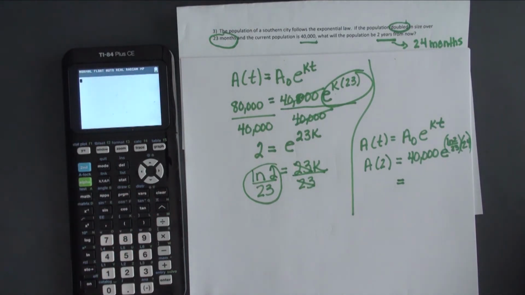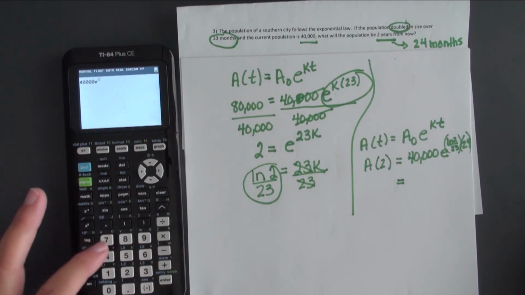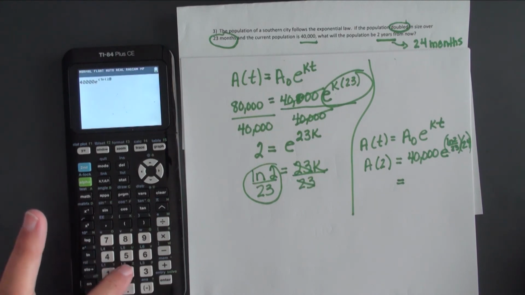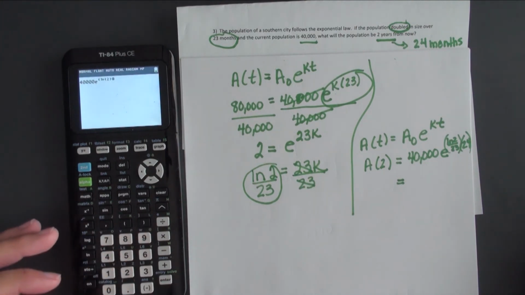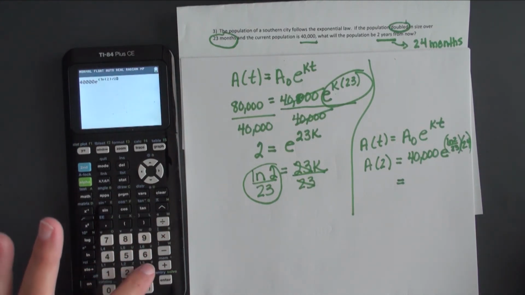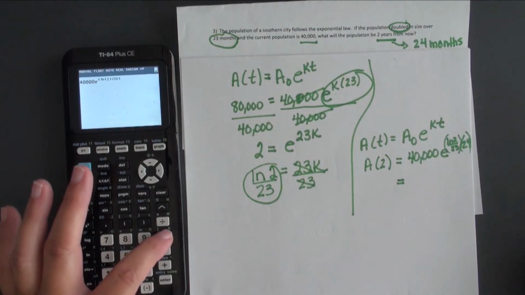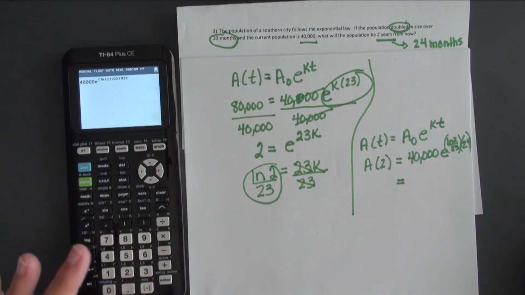Sorry about that. Let's put a parenthesis to help us with our multiplication and division. So I'll say 40,000, second e to the power. I'm going to put a parenthesis and then natural log of 2 in parentheses, divided by 23 and then close the parenthesis and then times 24.